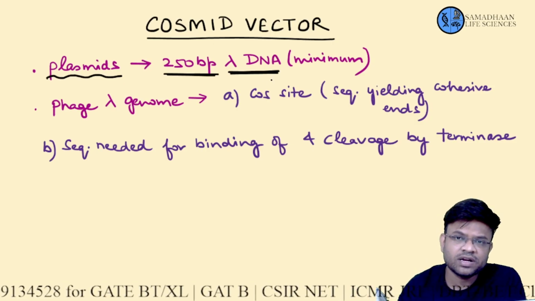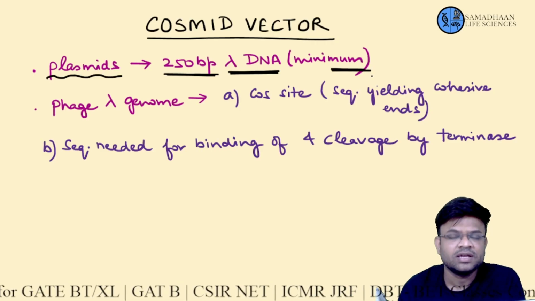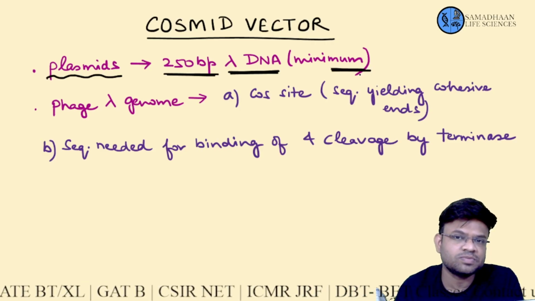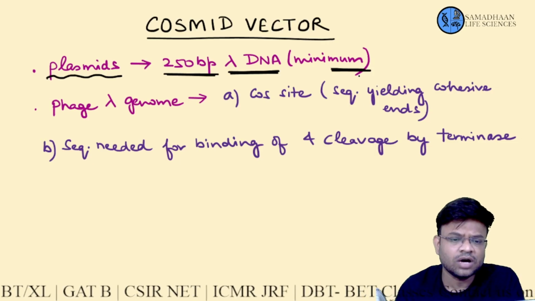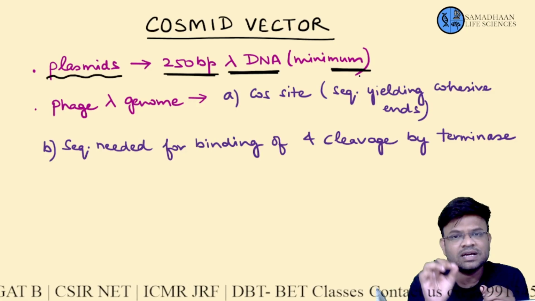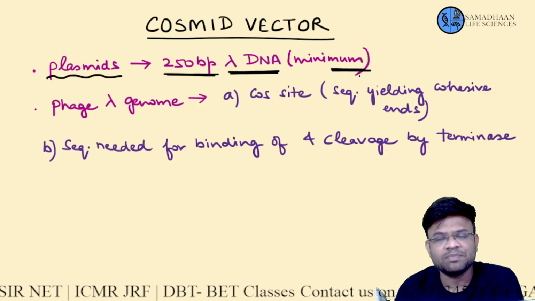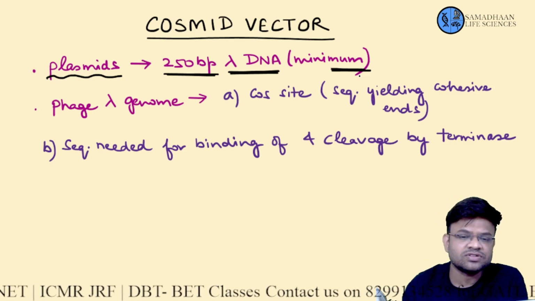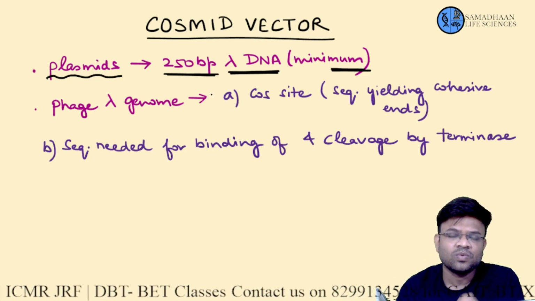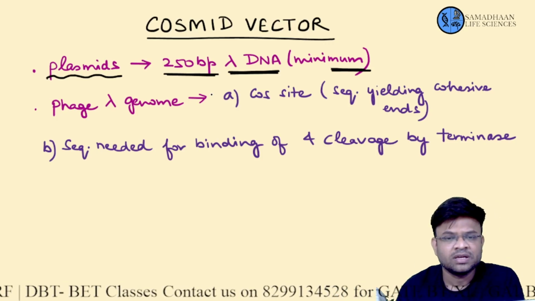So this 250 base pair of lambda DNA is the minimum amount of DNA that is present inside a Cosmid vector. Now, what is the basic composition of this 250 base pair lambda DNA? That means, what are the characteristic features of it, and what is present inside it?